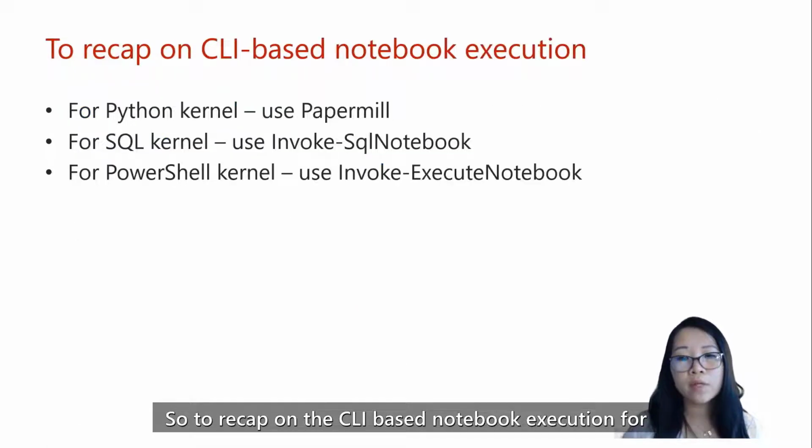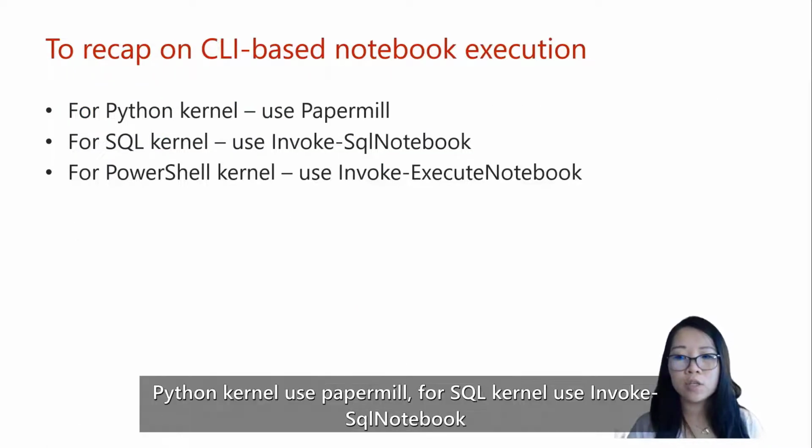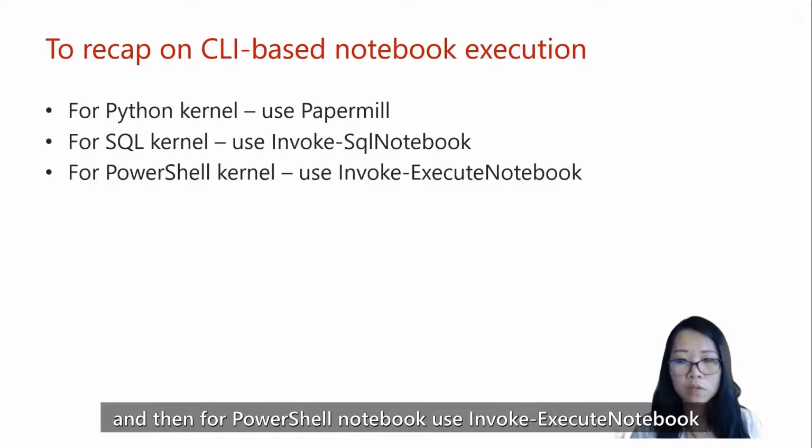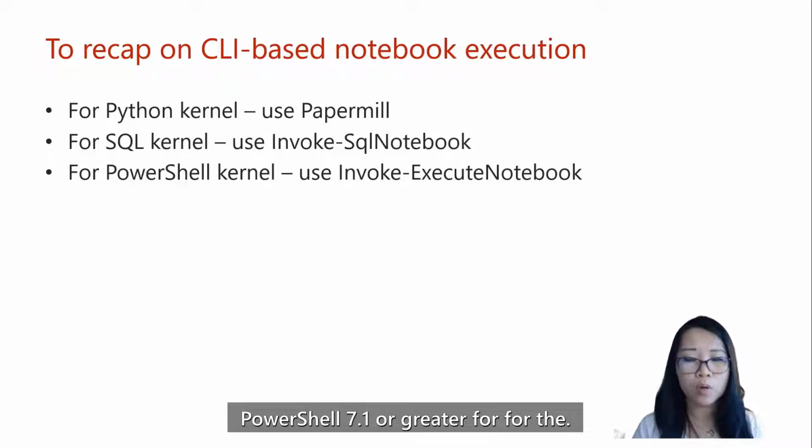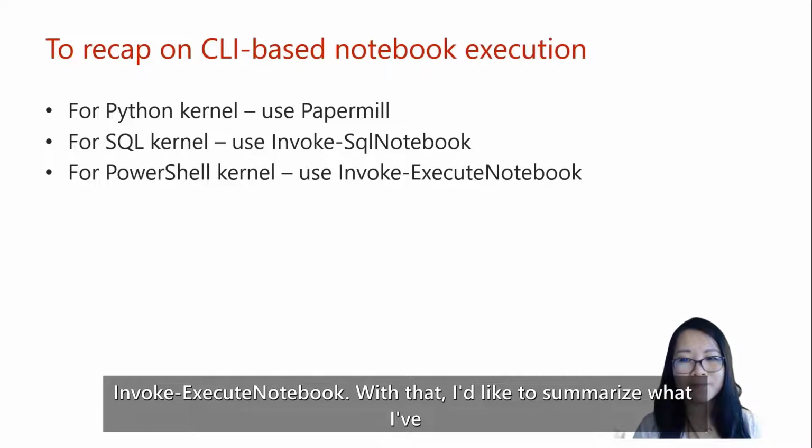So to recap on the CLI-based notebook execution: for Python kernel, use Papermill. For SQL kernel, use Invoke SQL Notebook. And for PowerShell notebook, use Invoke Execute Notebook. But be sure that you are using PowerShell 7.1 or greater for Invoke Execute Notebook.